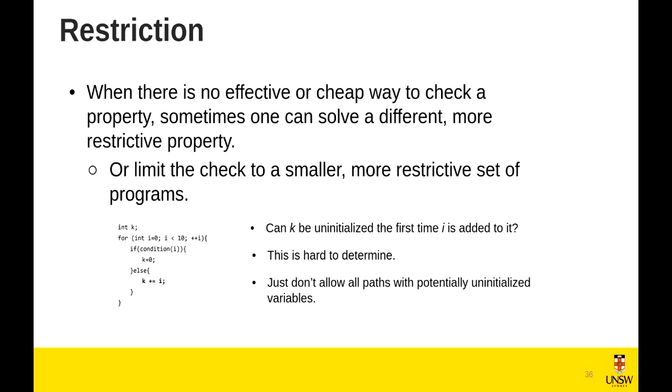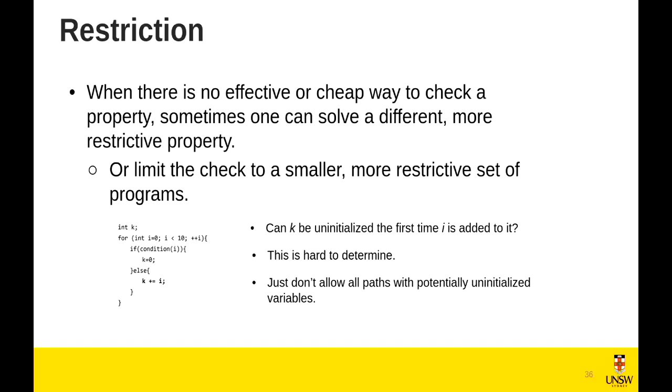And what most compilers would do is to just not allow this program to compile, because there's one execution path that goes through the initialization and then goes through the adding of I in the next iteration. That is correct, but it could go through this other path.